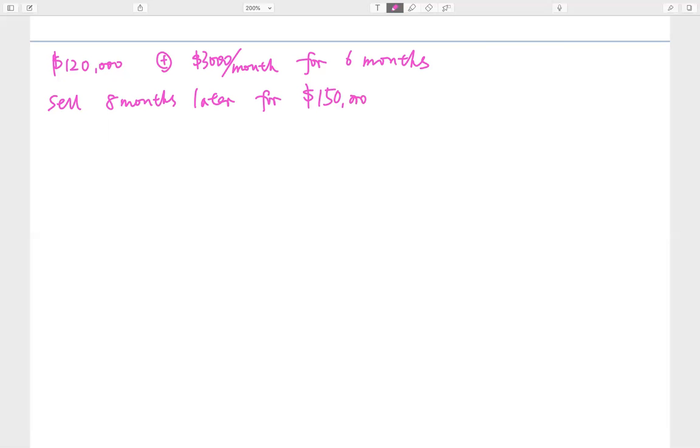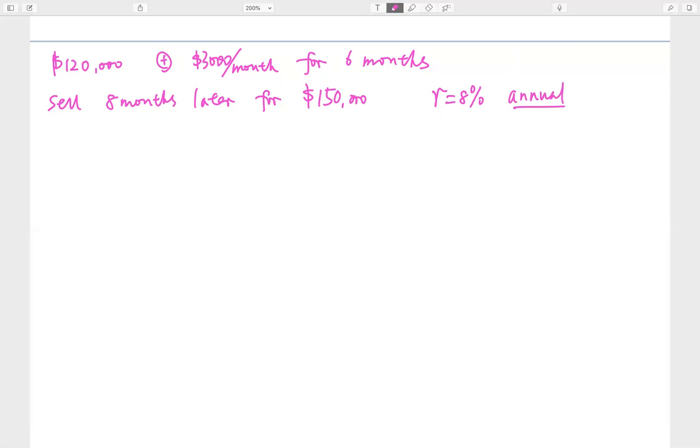Okay, this number is a little underestimated, because usually they sell much more than the original buy price. But anyway, it's enough information for us. And here we assume the cost of capital is 8%, per year. Okay, so this is per year, annual.